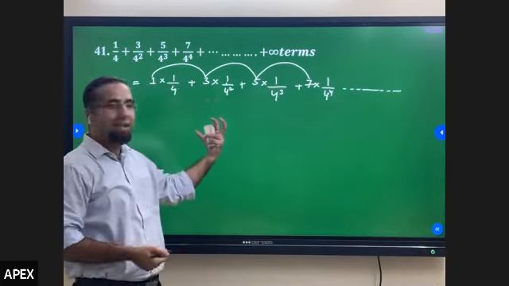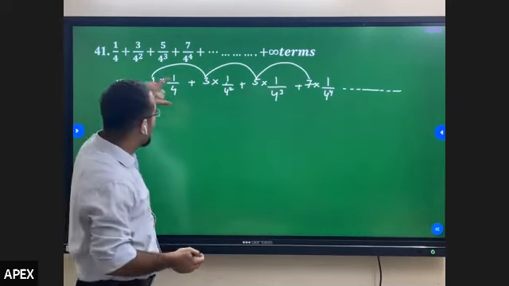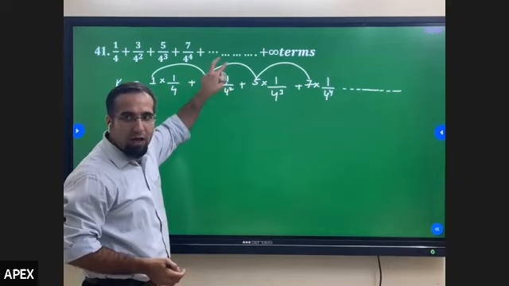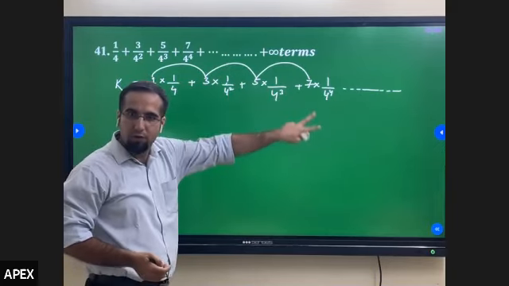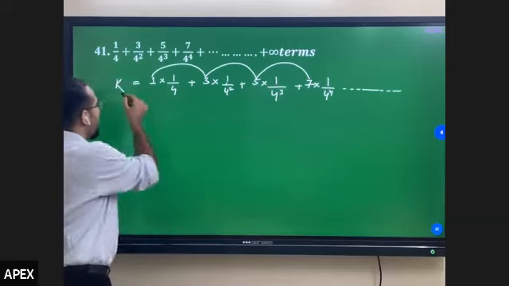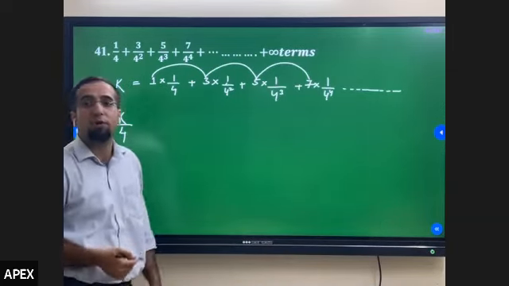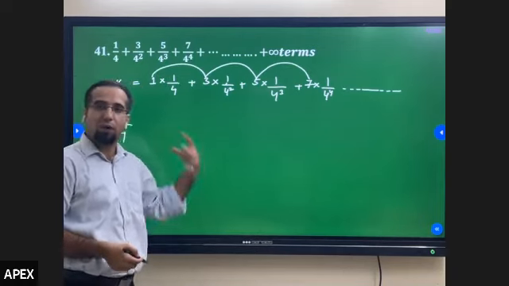Only then can I subtract two terms, because unless I make 1 by 4 into 1 by 4 square, I cannot subtract both of them. So here the catch is you have to multiply with the common ratio of the geometric progression series, that is 1 by 4.